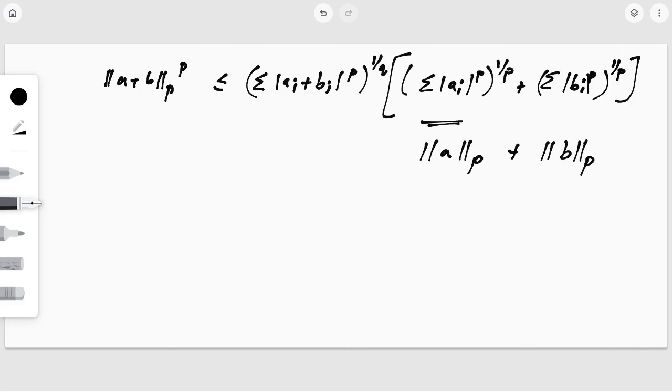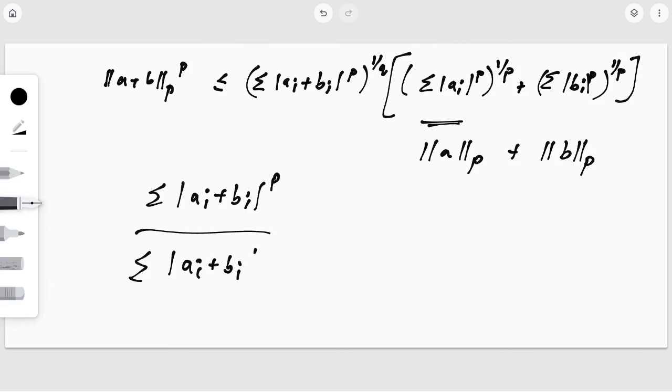Now taking this term to the left hand side, what do we get? We know that this value is summation mod ai plus bi whole raised to p divided by summation mod ai plus bi whole raised to p whole raised to 1 by q, less than or equal to norm p of a plus norm p of b.